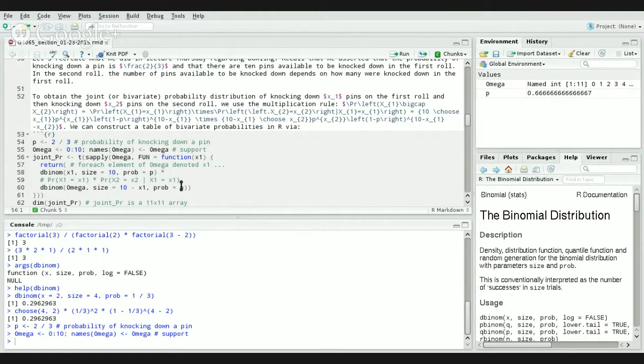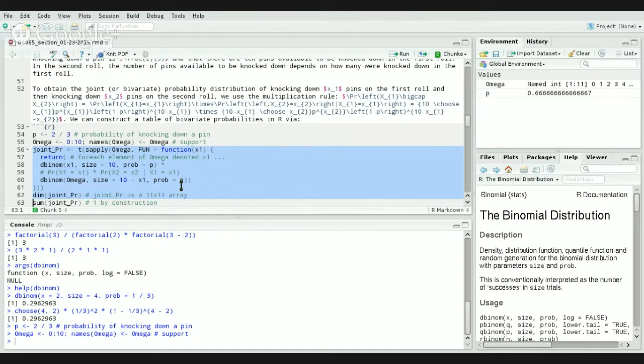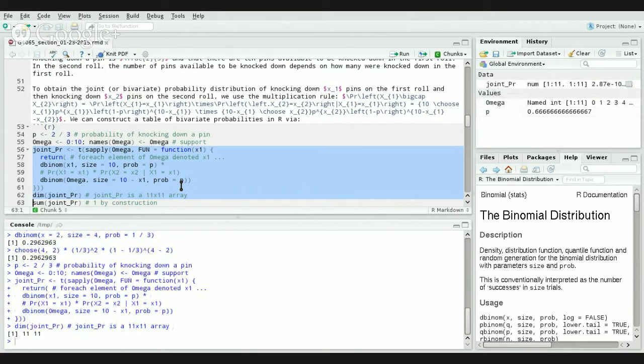Again, each pin is knocked down with probability p. If I put that entire chunk and select it and pipe it into R, we see that the object joint underscore PR is an 11 by 11 array because there are 11 elements in our sample space.